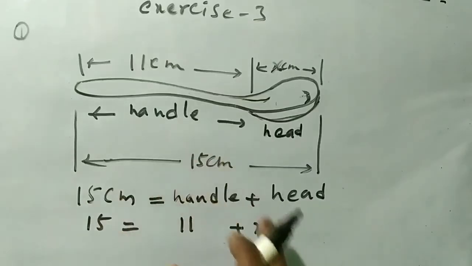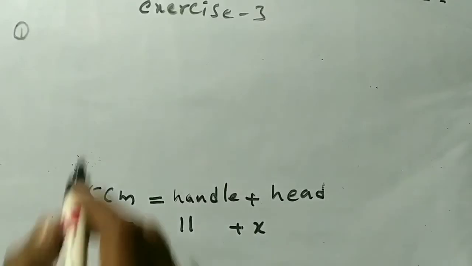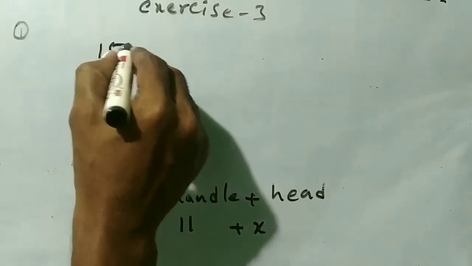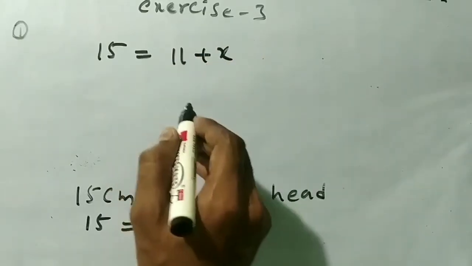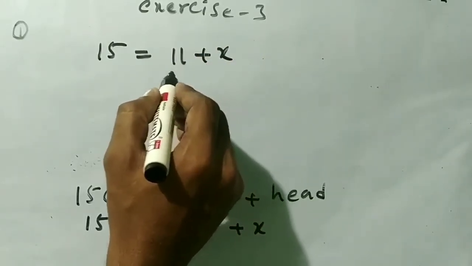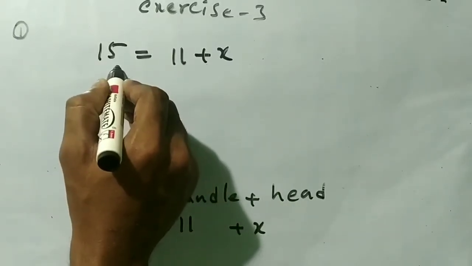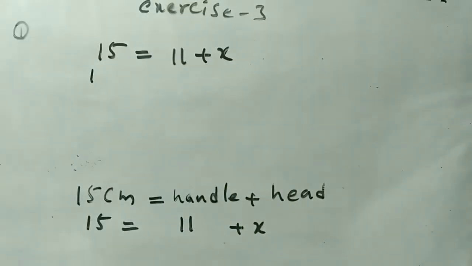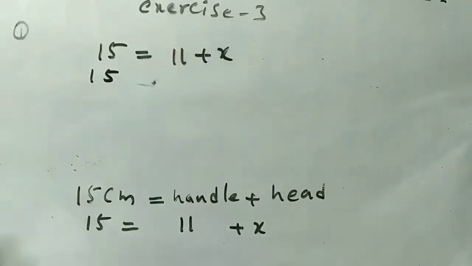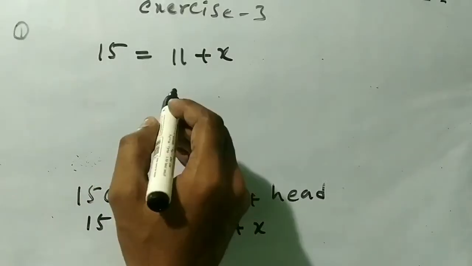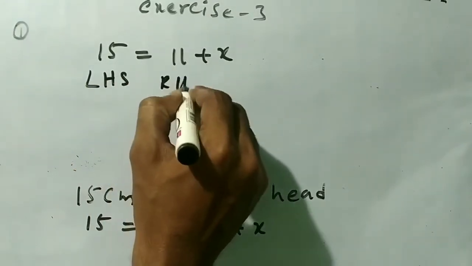Let us erase this and take only the equation. So 15 is equal to 11 plus x. We know already there is LHS and this is RHS.